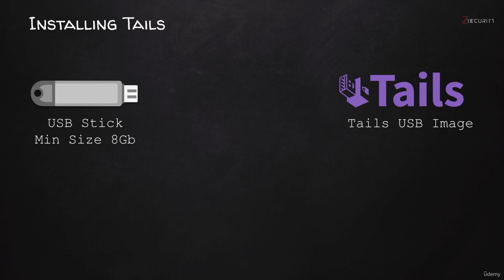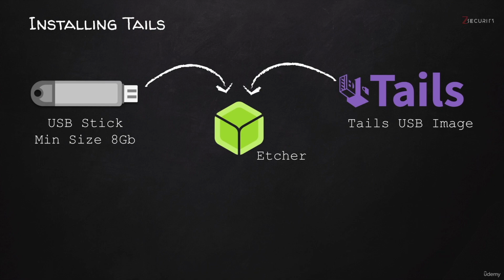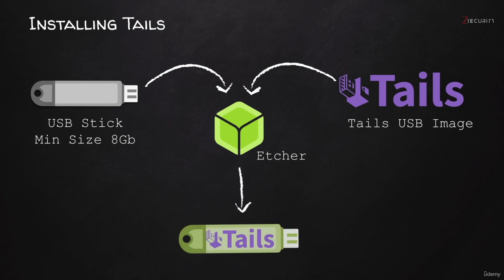And finally, you'll need software to flash the Tails image to the USB stick in order to have a bootable USB stick with Tails on it. Once we have that, we'll be able to connect it to any computer that runs any operating system and run Tails from that computer.